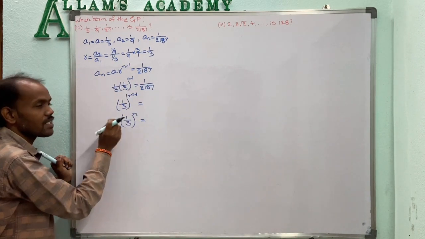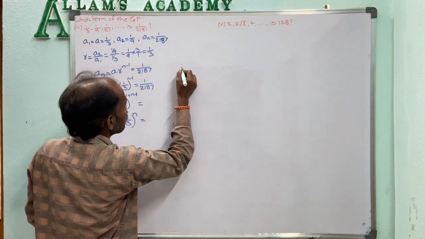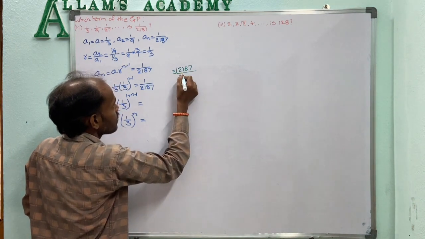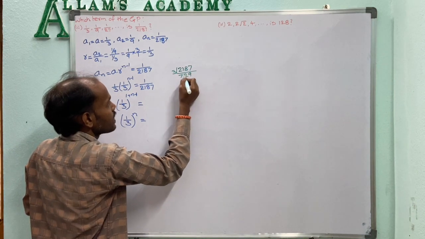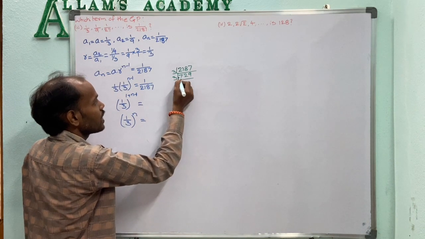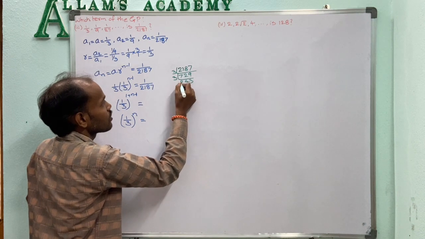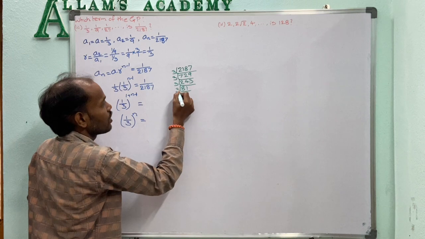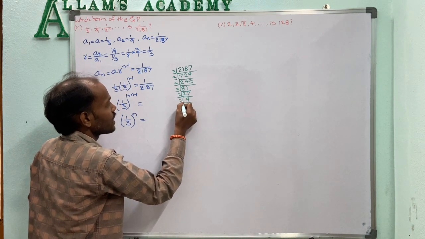Now this 2187 has to be expressed as a power of 3, so we find the factorization of 2187. 3 sevens are 21, 3 twos are 6, 2 remaining, 27, 3 nines are 27. Now 729. Again we use the 3 table: 3 twos are 6, 3 fours are 12, and 3 threes are 9. 243, and 3 81s are 243, and 3 27s are 81, and 3 9s are 27 and 3 3s are 9.